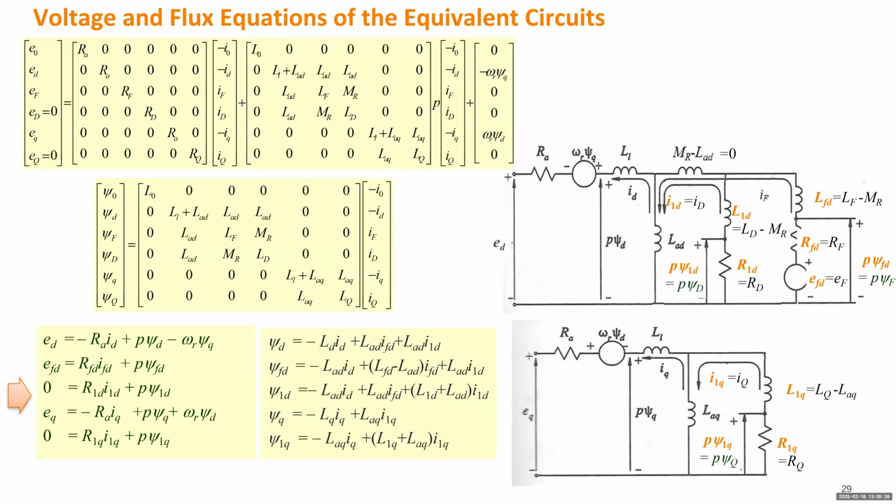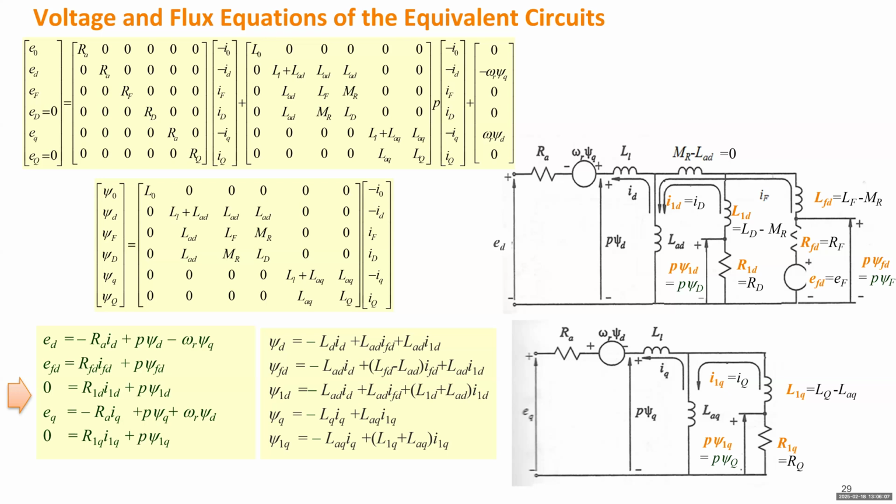So that will be the first term. The next term, LAD multiplied by IF, will be LAD multiplied by IFD. Your IFD is simply the same as IF, the same current. Then the last term is LAD multiplied by ID. From this figure, it is actually ID, I capital B becomes I1D. So it will give you this last term.